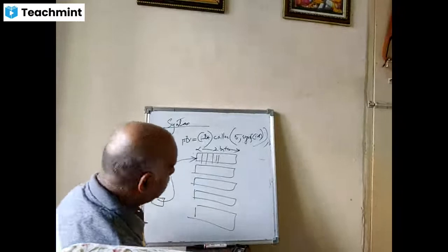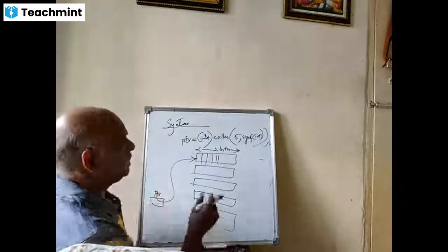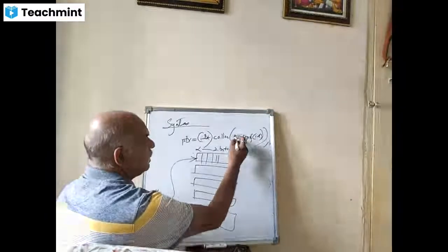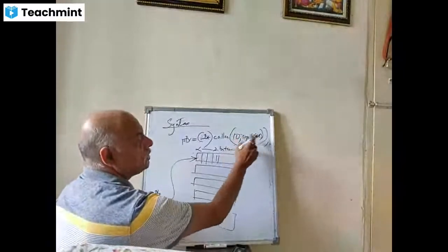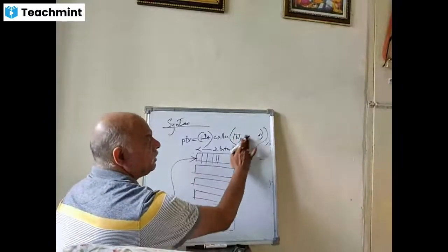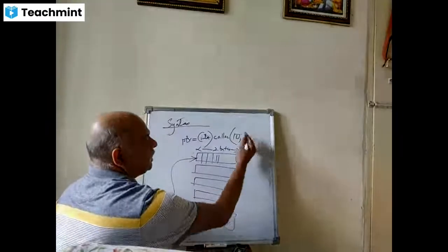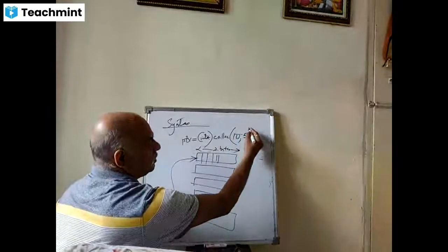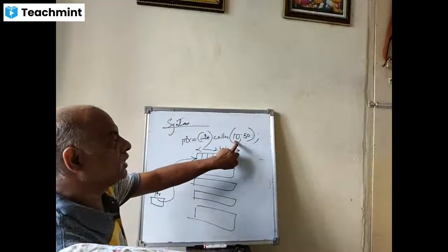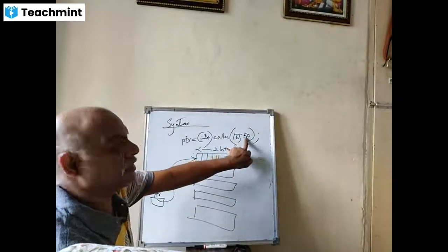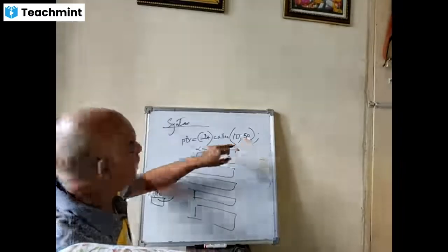We can write, for example, if I write 10 here, what does it mean? 10 comma 50. It allocates 10 blocks, and each block size is 50 bytes.